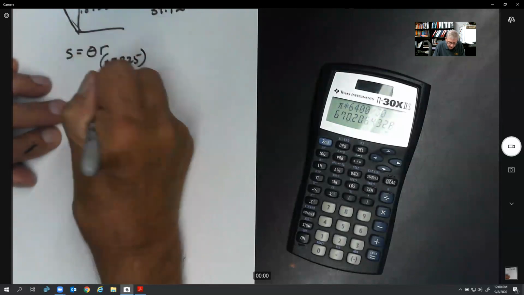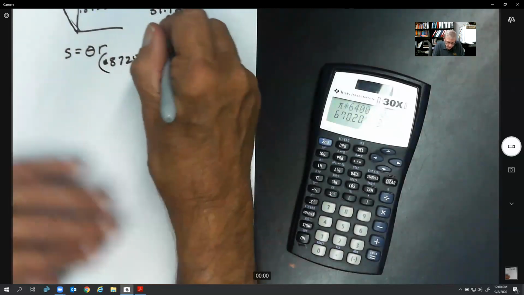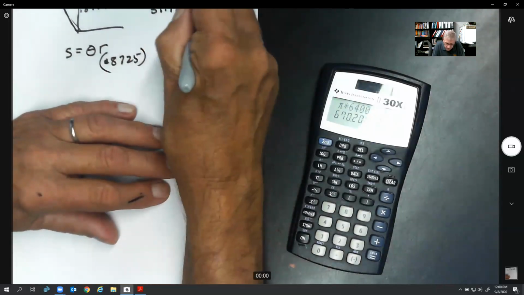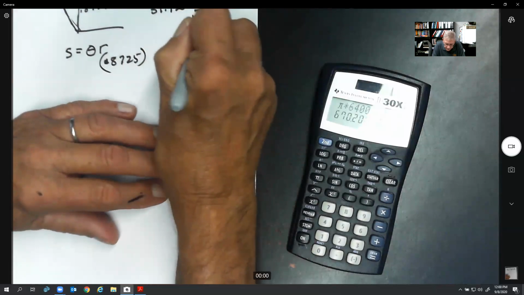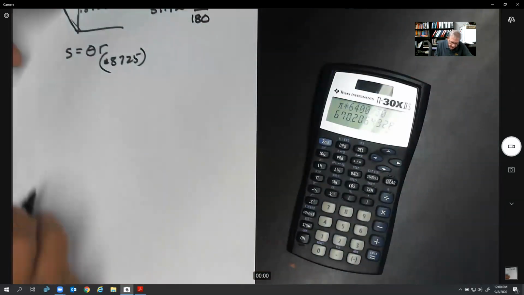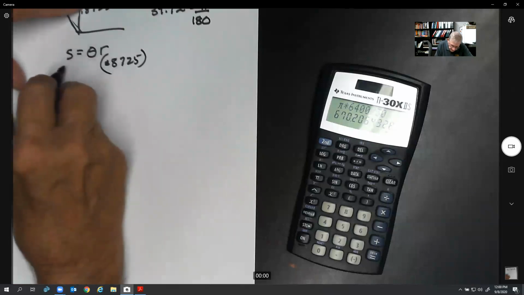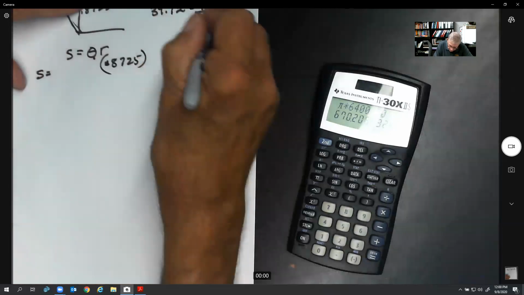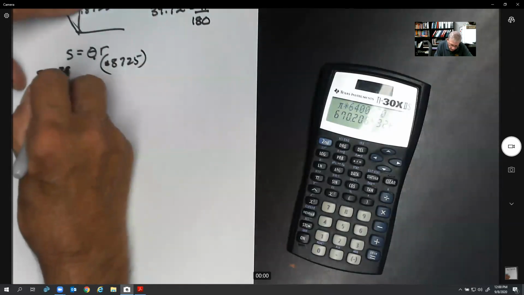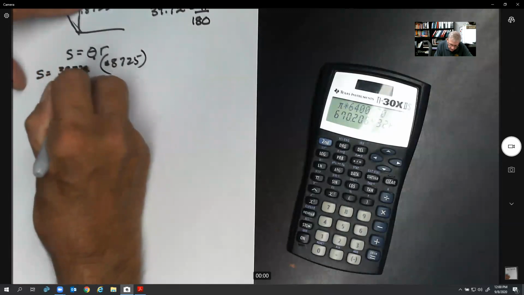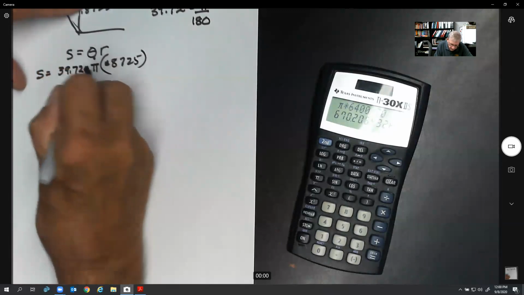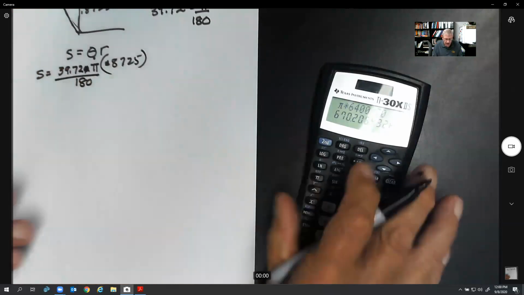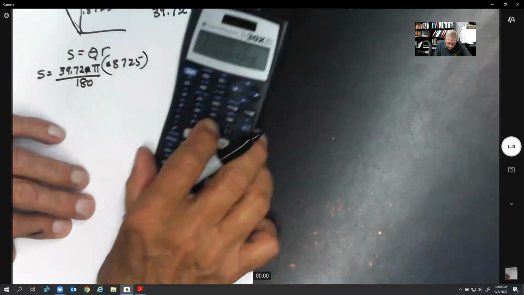And theta is going to be, well, let's just do it this way, times pi over 180. We could do it separately, or we could just put that into our formula. So let's just put S equals this angle, which is going to be in radians, so we're going to do 39.72 times pi over 180. So we could just multiply out this whole mess and see what we get.